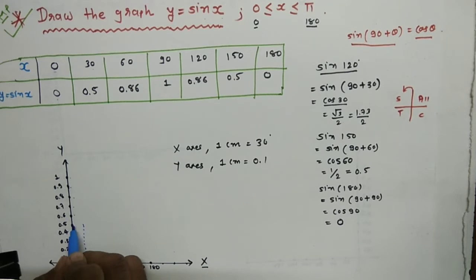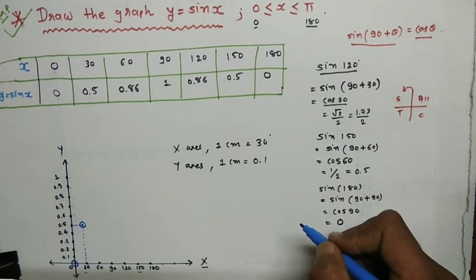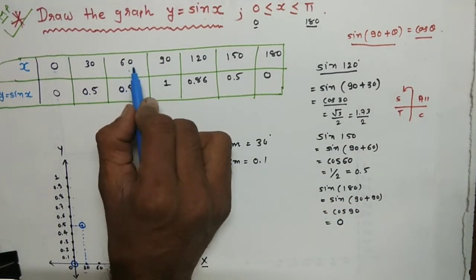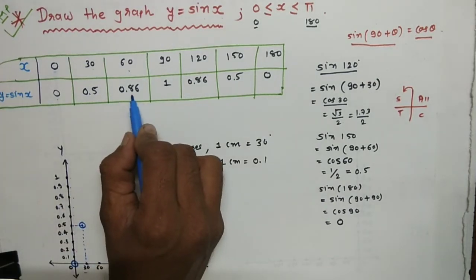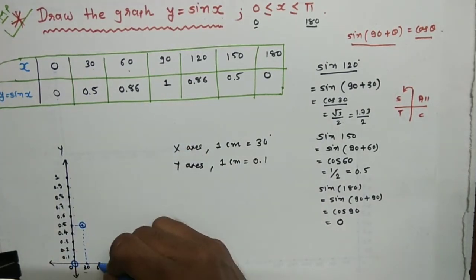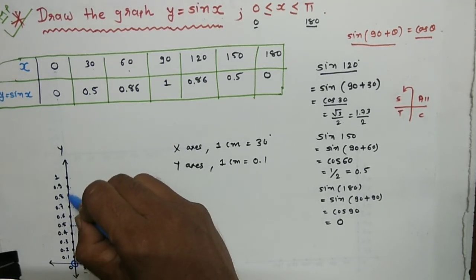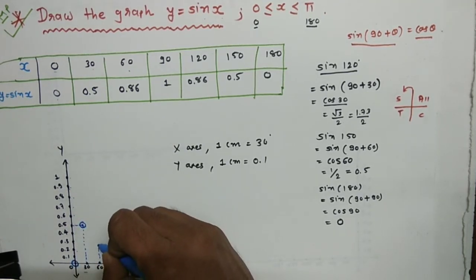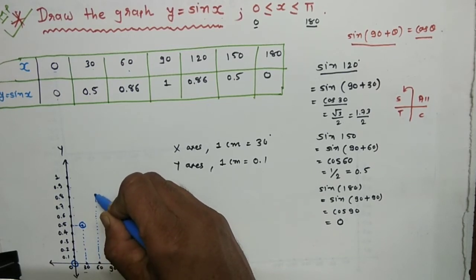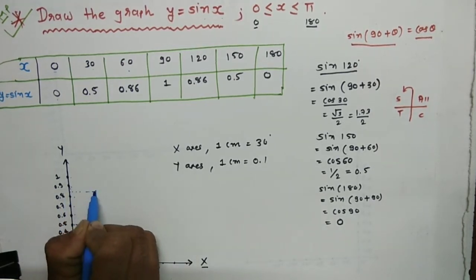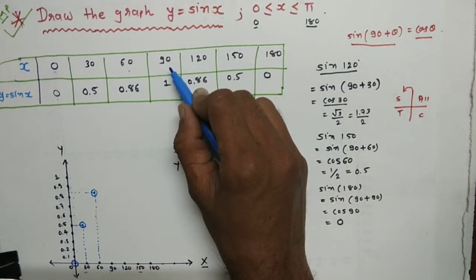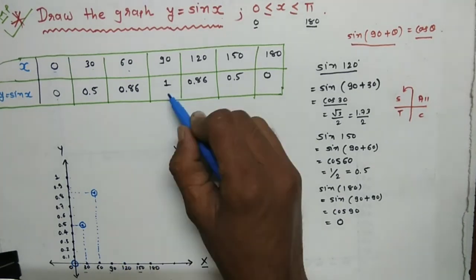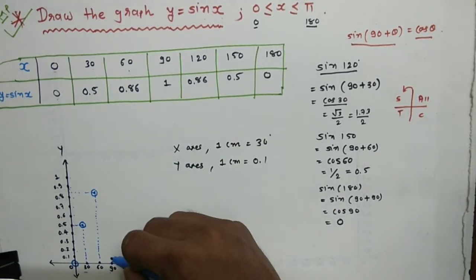When 30, then on the y-axis that is 0.5, which is another point. When x is equal to 60, then y is equal to 0.86, which is lying between 0.8 and 0.9. So we trace here in between 0.8 and 0.9. That is another point. When x is equal to 90 on the x-axis, then the value of y is equal to 1. So trace the value.